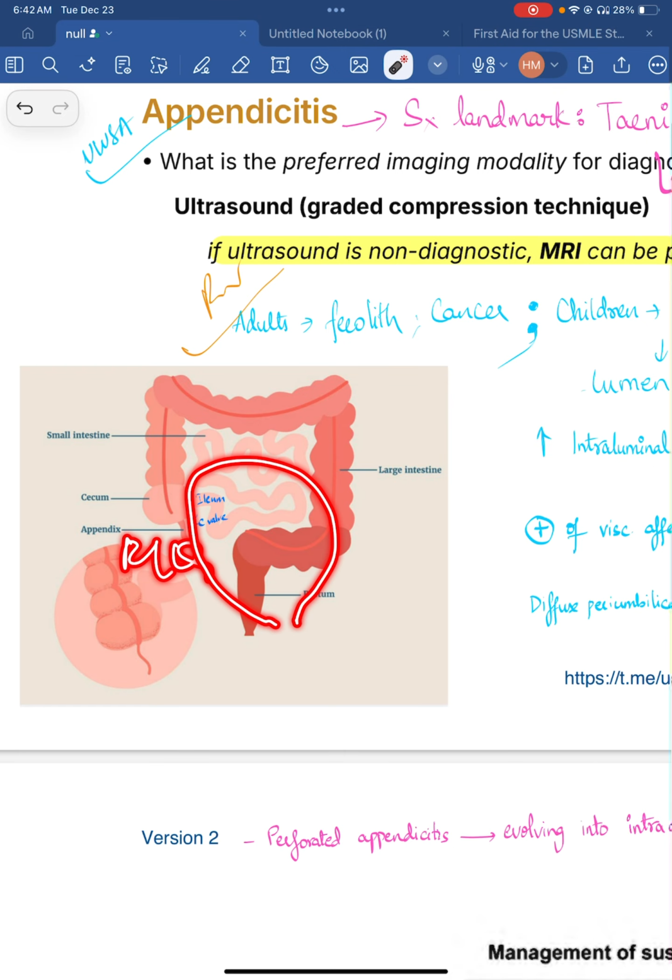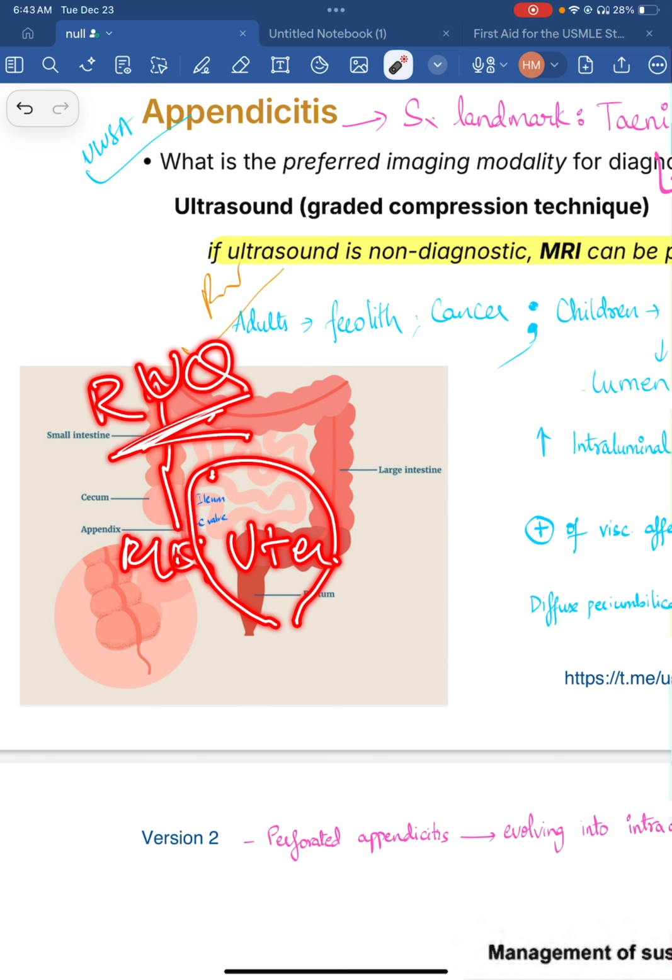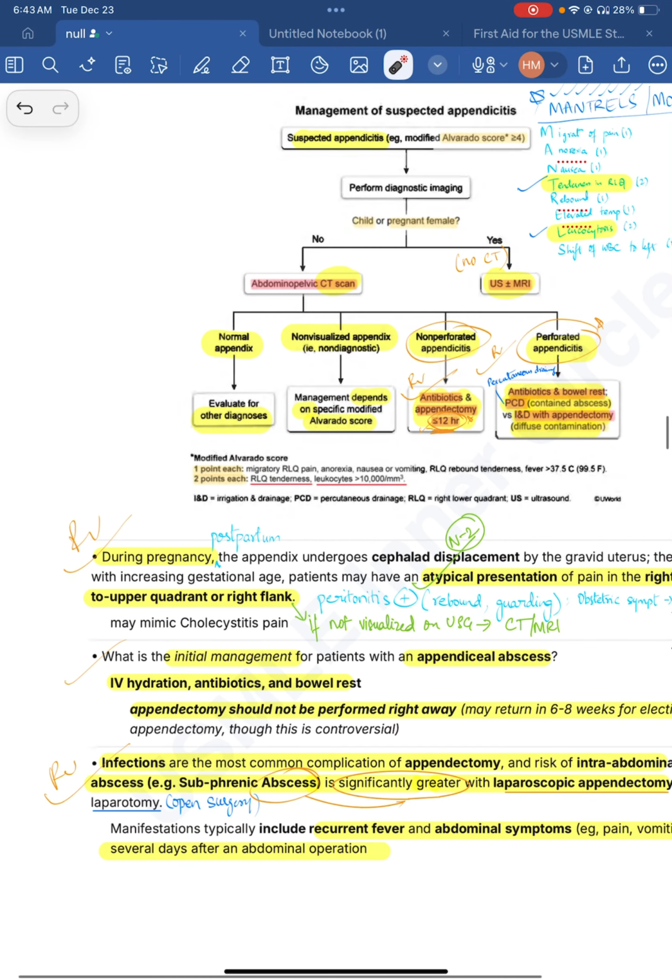But due to the displacement from the uterus, as the gestational age increases, the appendix keeps moving upwards. So it might go to the right upper quadrant, and hence in pregnant females, it can mimic cholecystitis also. May mimic cholecystitis pain.